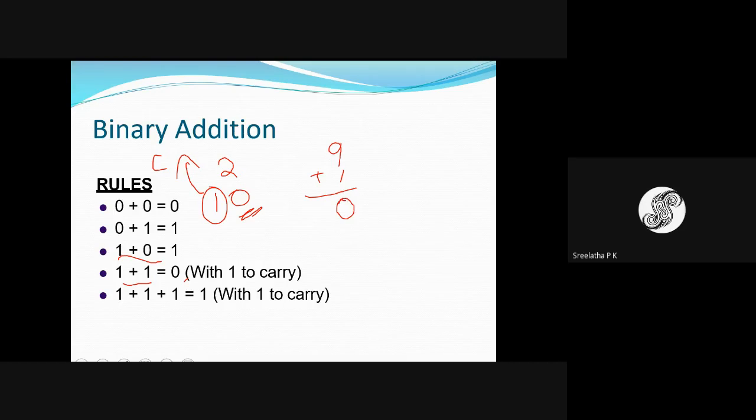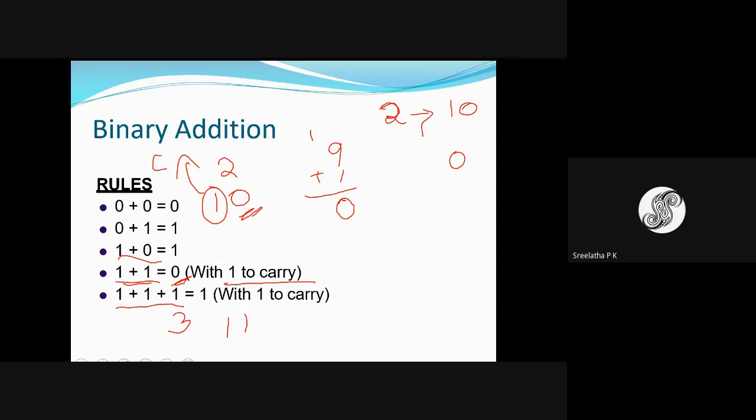So you put 0 and 1 is carried, correct? Similarly, in binary, 1 plus 1 is 2, which I can represent as 1, 0. So 0 is the value and 1 is sent to the carry bit. And if it is 1 plus 1 plus 1, the value is 3, which is nothing but 1 and 1.